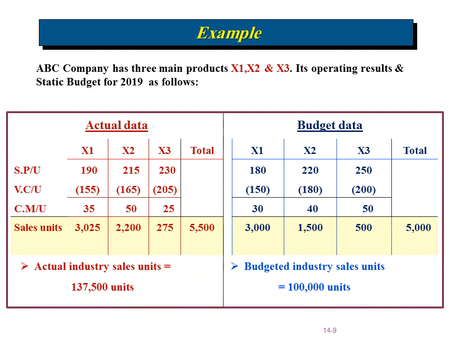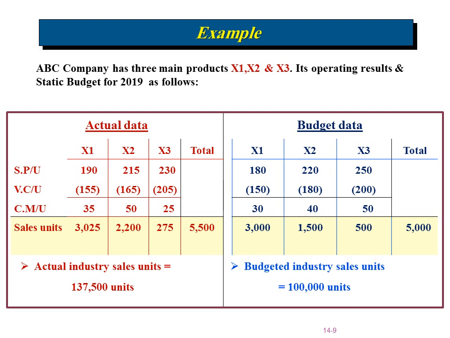Here I have ABC company, which has 3 kinds of products, X1, X2, X3, and the following is the information about the budget and operating results. This is my actual and budget data for X1, X2, and X3. Selling price per unit for X1 actual is 190, but budget for X1 is 180.